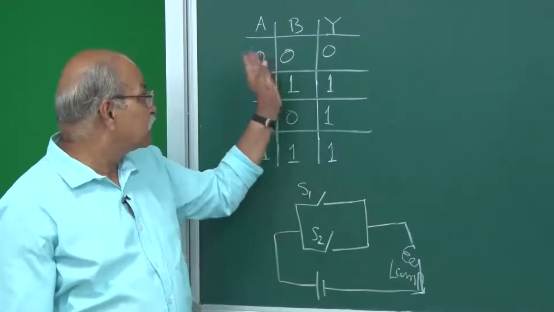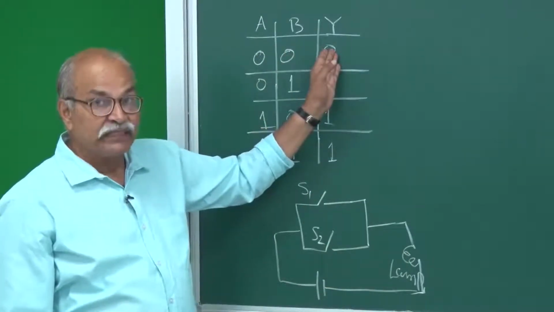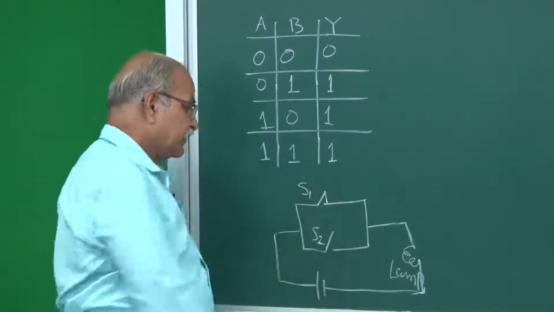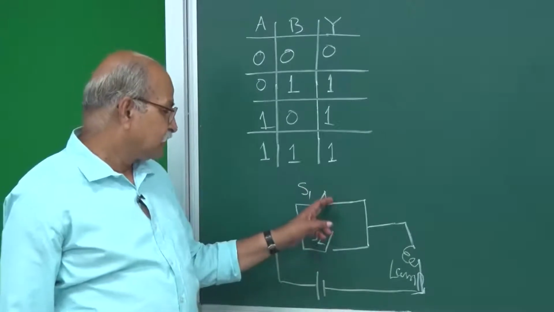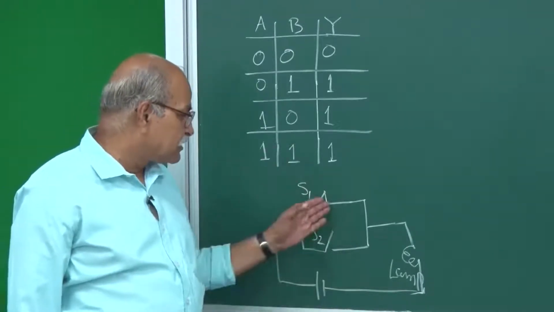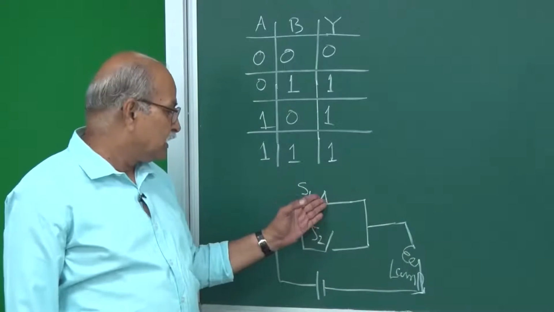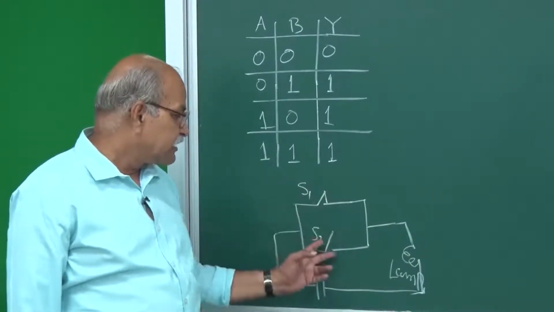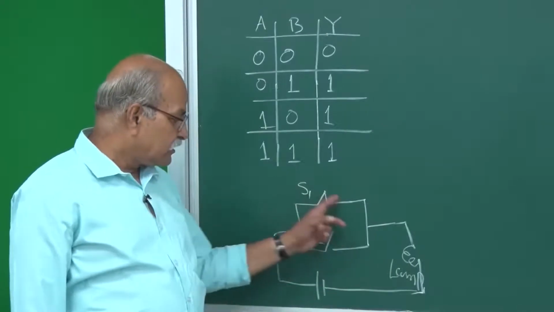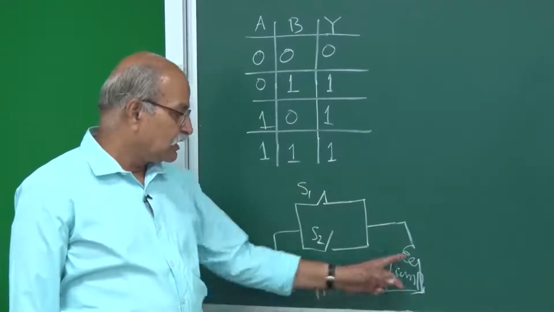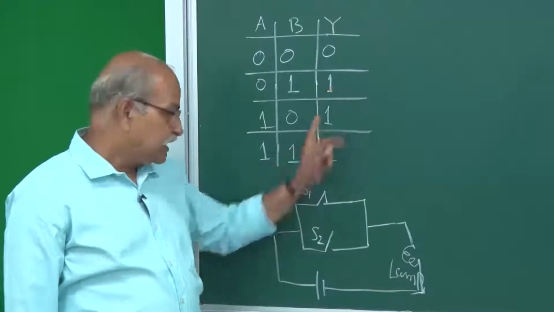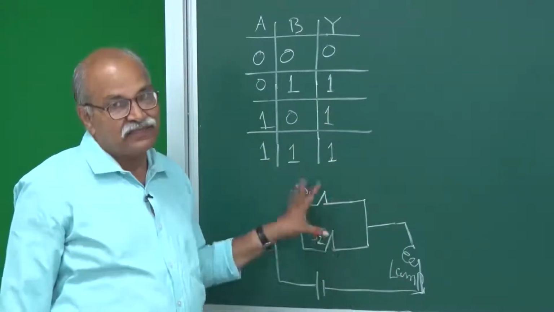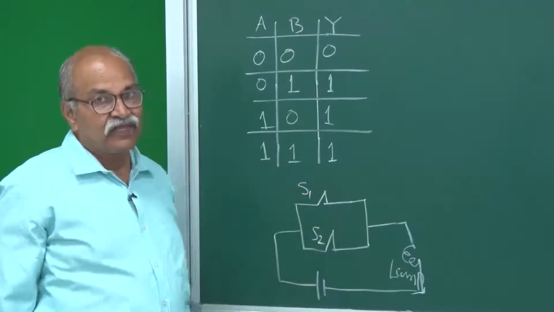So if both are 0, then output is 0. Any one of them you close, making high, this represents high. So any of the switch that you close, this becomes 1, it is still 0, but then the current can go through this and lamp will be on and output will be 1. And if both the switches are closed, then also the output is 1. So that is like a switch.